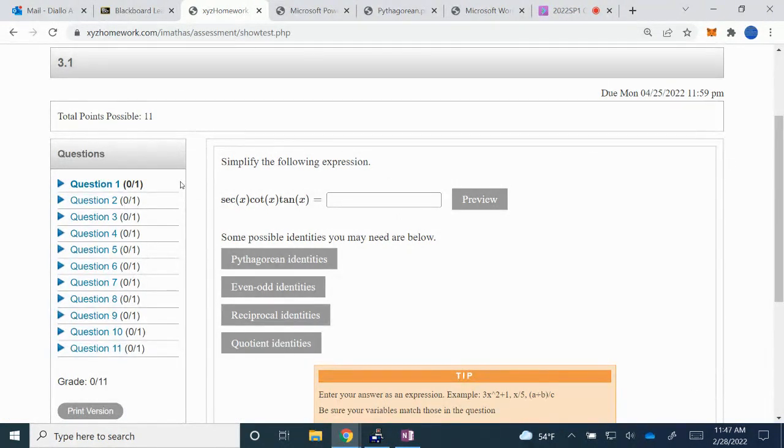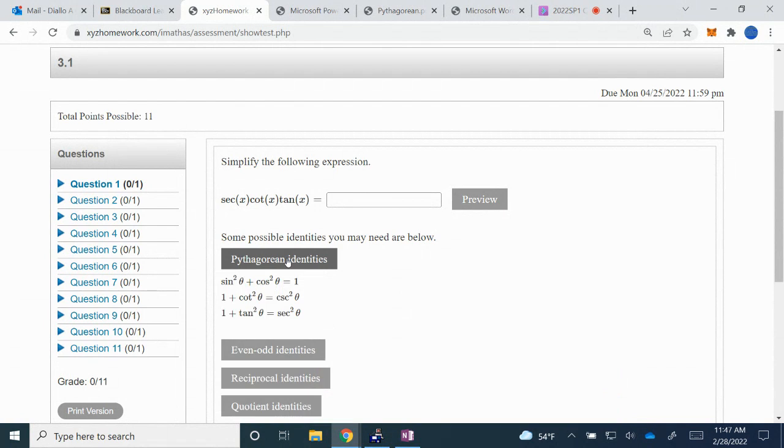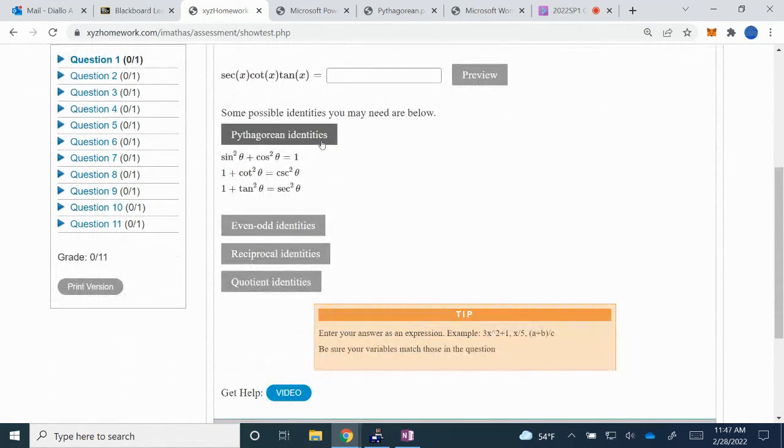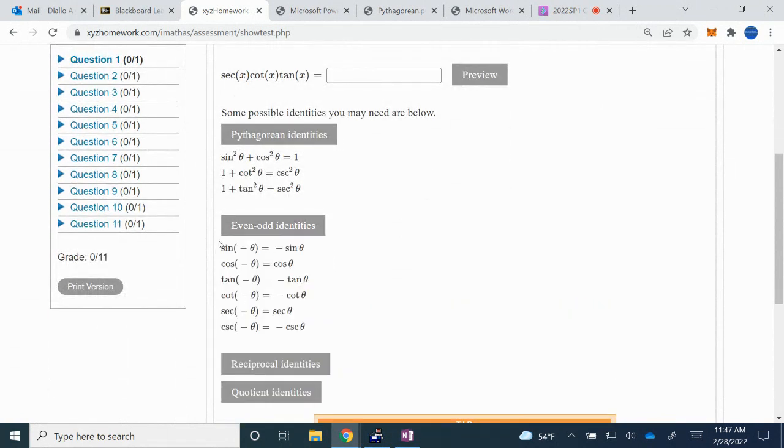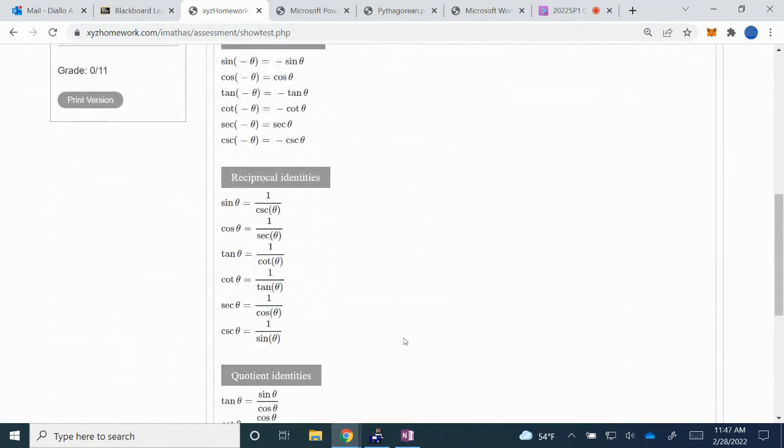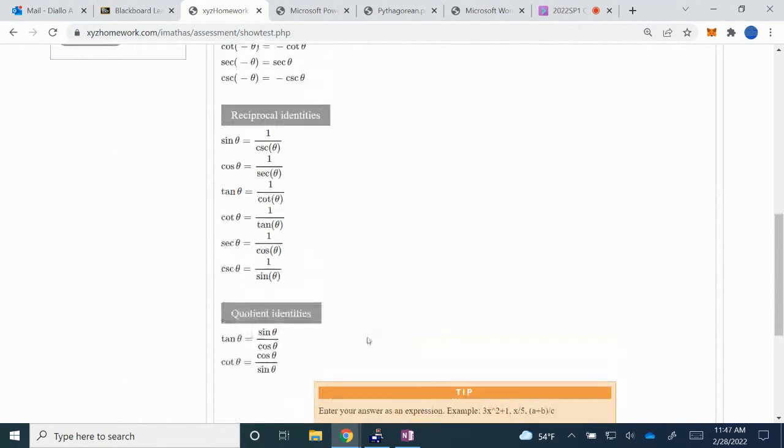So here we're asked to simplify the following expression. We have secant x times cotangent x times the tangent of x. And just notice in the problem that they give us recaps of the Pythagorean identities, the even and odd identities, the reciprocal identities, and also the quotient identities.